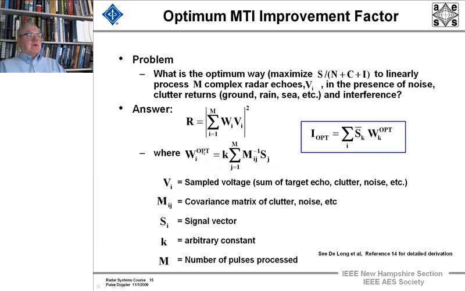The optimum set of weights are an arbitrary constant times the inverse of the covariance matrix of the clutter, noise, etc., times the signal vector in this manner. And where V sub i's are the sampled voltages, S sub I is the signal vector, M sub I again is the covariance matrix of the noise, etc., and M is the number of pulses processed.